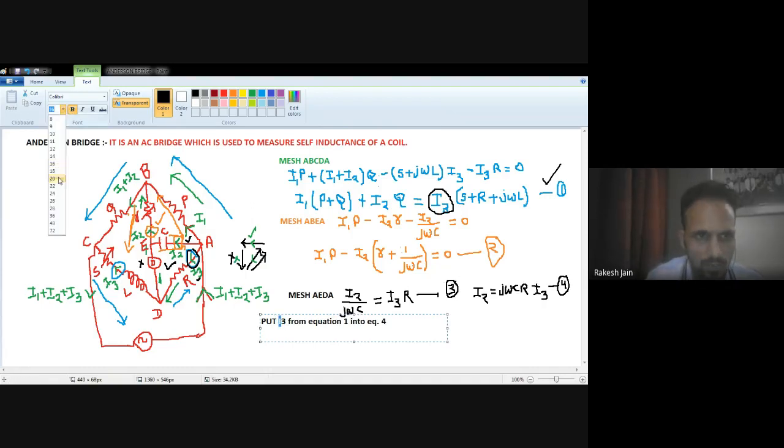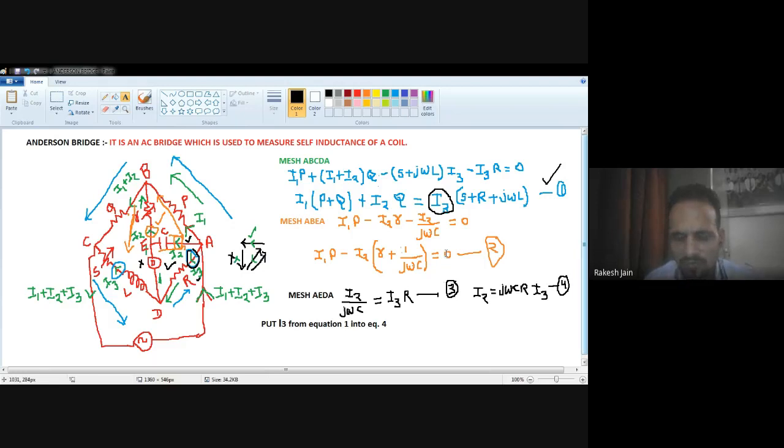What is the expression of I3 from equation number 1? I2 is equal to j omega RC multiplied by I3. So I3 is equal to I1 P plus Q plus I2 Q divided by S plus R plus j omega L. So just write down here.